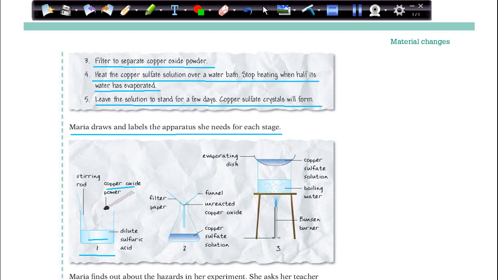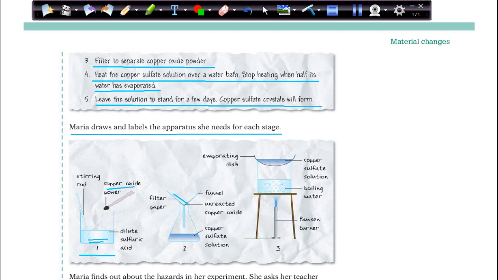Then she started to add copper oxide powder, 1 spatula at a time, because she needs to know how much copper oxide is needed to react with 25 cubic centimeter of sulfuric acid. Then she got a blue solution and copper oxide powder here at the bottom, not reacted.